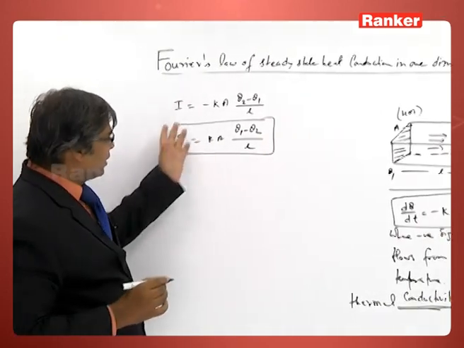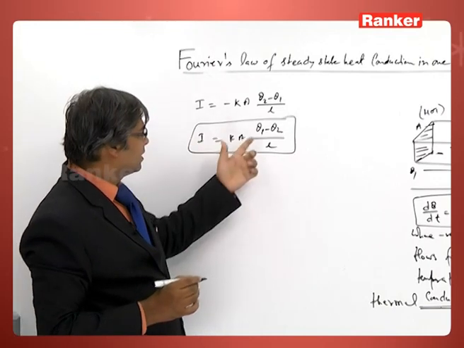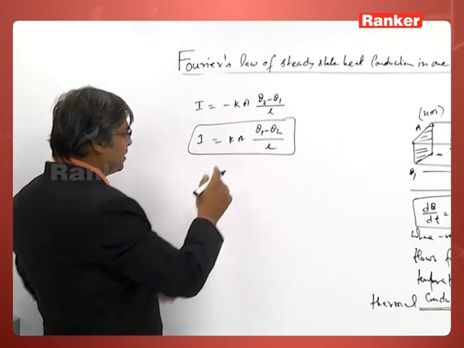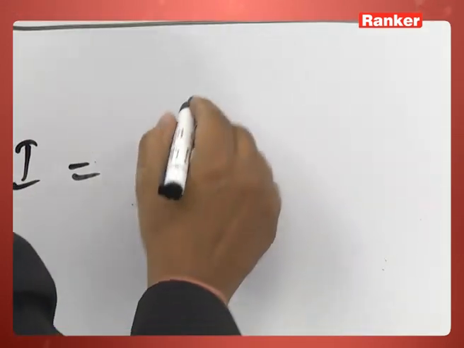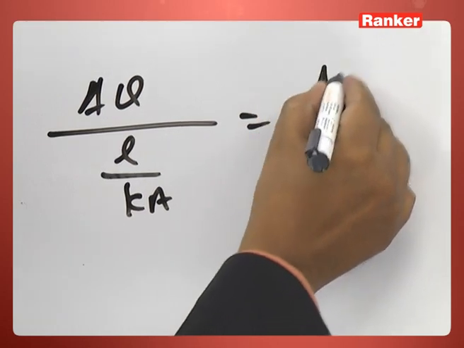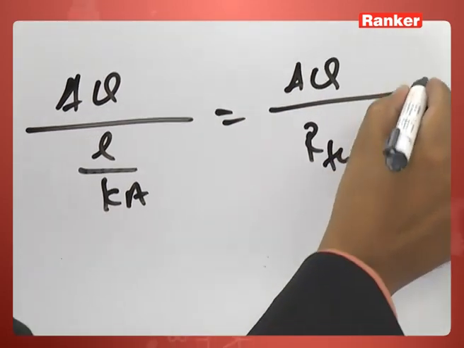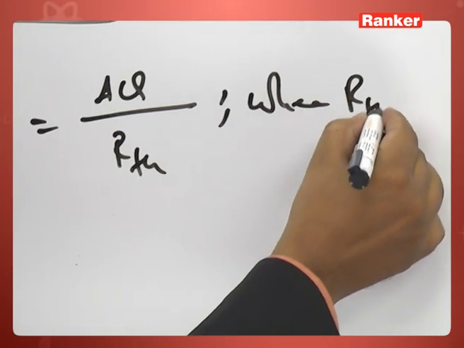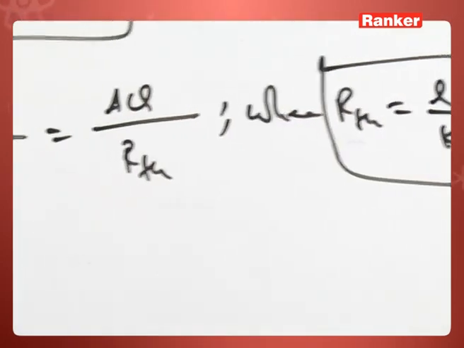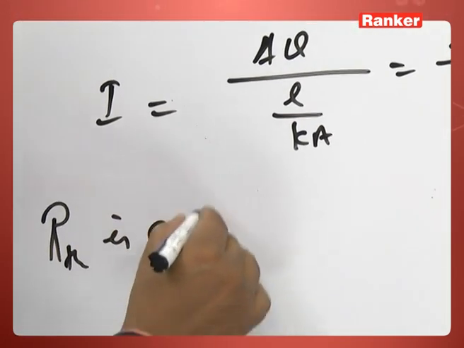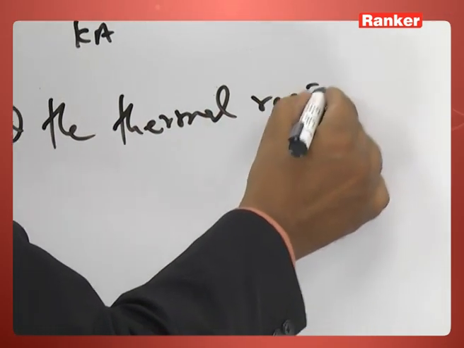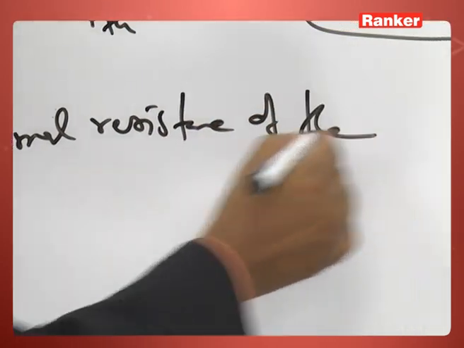Now you recall this definition is similar to current conduction in current electricity. We can further write this as I is equal to delta theta divided by L by K A, and that will be written as R TH, where R TH is equal to L by K A. R TH is called the thermal resistance of the conductor.